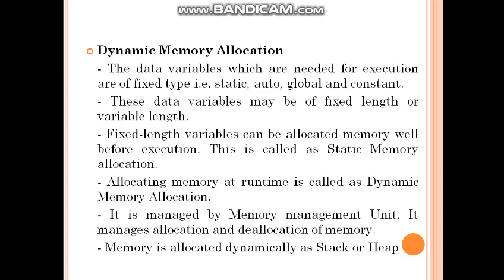These data variables may be fixed in length or variable in length. The fixed length variables can be allocated memory before execution. This is also called static memory allocation. Allocating memory at runtime is called dynamic memory allocation.